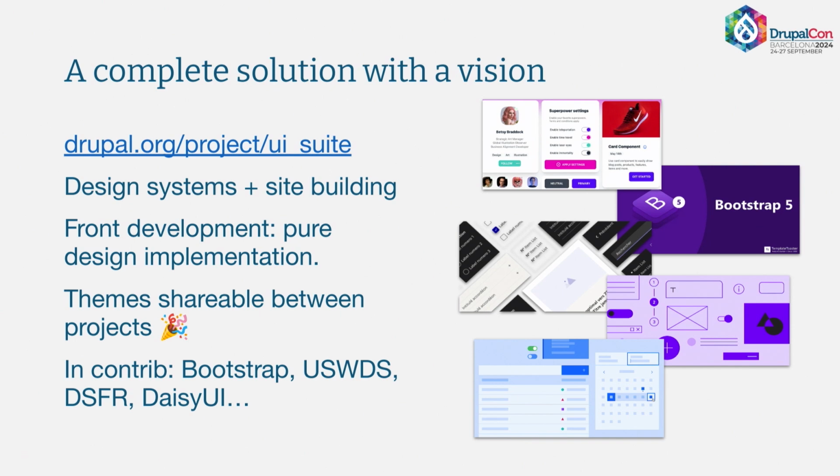So we will have a new generation of Drupal theme, but also you can share it in your project for the same client, of the same brand, for example, and save a lot of time. And we love that. And the front developer loves that because it's pure design implementation. You have nearly no Drupalism. SDC has removed most of the Drupalism from component. I think you noticed. But with the other UI Suite module, we remove all the Drupalism from the other part of the theme. So it's pure design and still friendly.